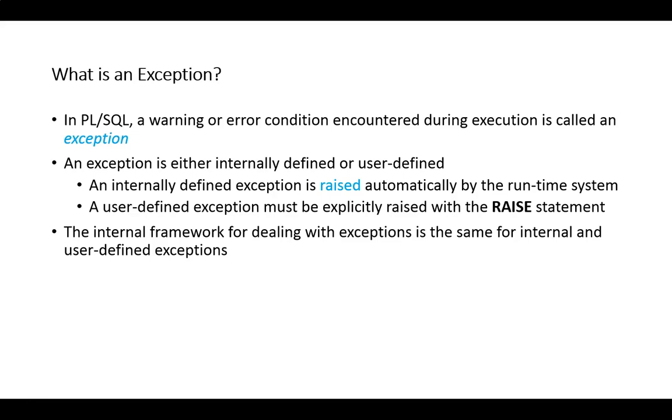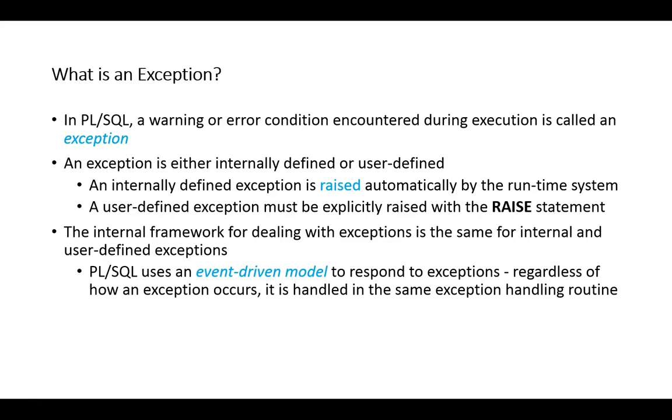This means that we do not have to write different code for dealing with different types of exceptions. We simply specify the type or name of an exception and how we wish to deal with the event should it arise. So regardless of how an exception occurs, it's handled through the same framework.